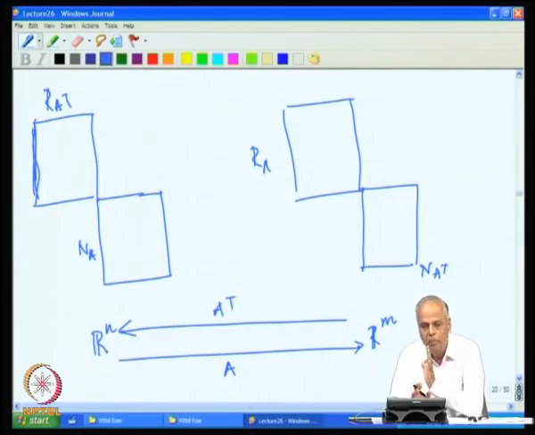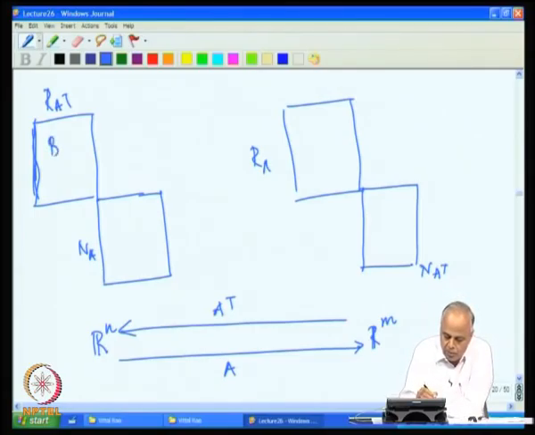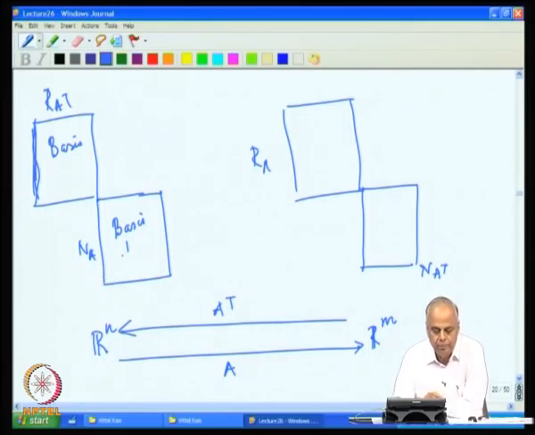So, therefore, we have 2 pairs of orthogonal complements, and the main idea in analyzing a matrix is to get a suitable basis for R A transpose, a suitable basis for N A. Now, by our analysis we know that if we get a basis for these two, one being the orthogonal complement of the other, by putting them together we can get a basis for the whole space.